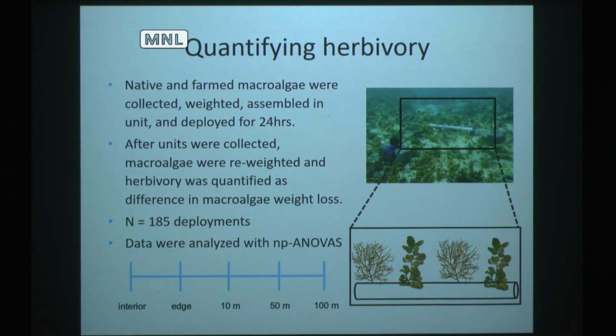Afterwards, we collected these macroalgae. We reweighed them again, and the difference in weights was herbivory. And again, we used the same design, and the data were analyzed with NP ANOVAs and t-tests.